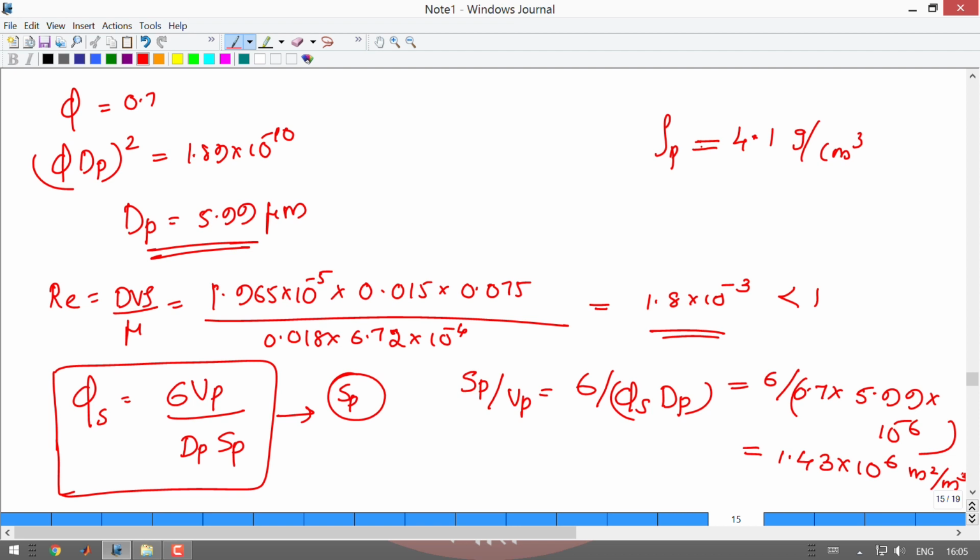So, after substituting the volume you will get Sp equal to 1.43 into 10 raised to 6 into 10 raised to minus 6 divided by 4.1 gram per centimeter cube, which is equal to 5.9 meter square per gram. So, the surface area of the particle is 5.9 meter square per gram.